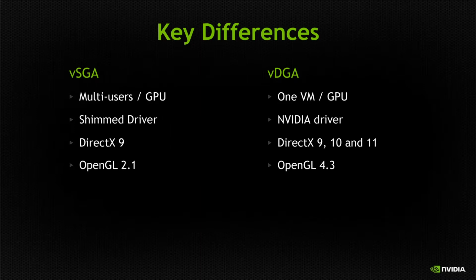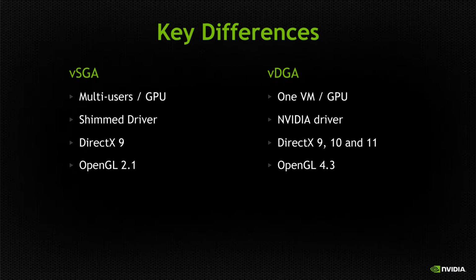Also, for VDGA, there's the Quadro NVIDIA certified driver. In a lot of organizations, you cannot update the driver on your workstation because it has to be certified with the application you're using. So that Quadro driver, if you're not familiar with it, is critical for maintaining proper performance. VDGA also supports the latest version of DirectX.